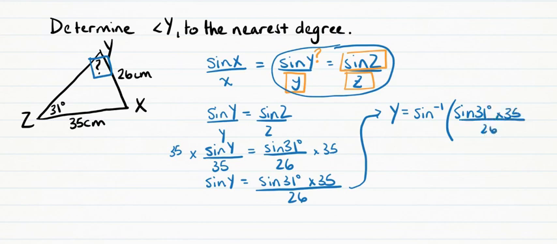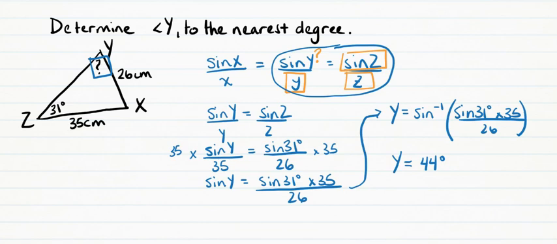So again, as much as possible, you want to try doing this entire calculation on your calculator in one shot so that you don't have to round numbers and then round again when you get to your final answer. Ideally, you want to just round your final answer and not round each of the steps. So if we do this calculation on our calculator, we should get that angle y is about 44 degrees.